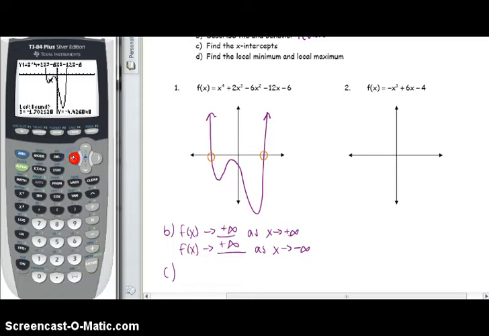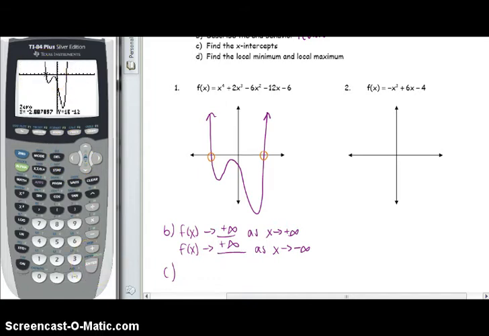So left bound, that just means to the left of the zero. So I'm looking for the positive somewhere up here. So, okay, my y is positive. I can hit enter. Then I'm going to go down a little bit. Oh, okay, it's on the other side of my zero, so I can hit enter. And then I'm just going to move my cursor closer to the zero point and hit enter again.